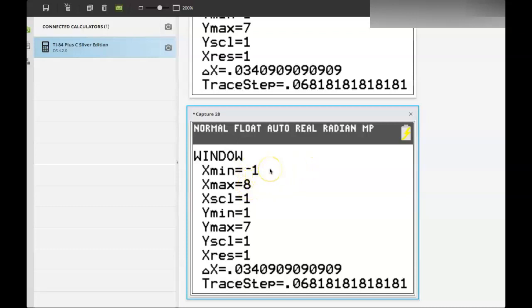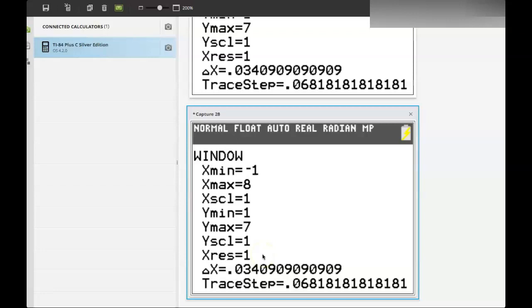This way all the points in the table fit in that interval: 0, 2, 3, 5, 6, 6 are between -1 and 8. For y, the smallest number is 1.9 and the largest is 5.8, which are between 1 and 7.